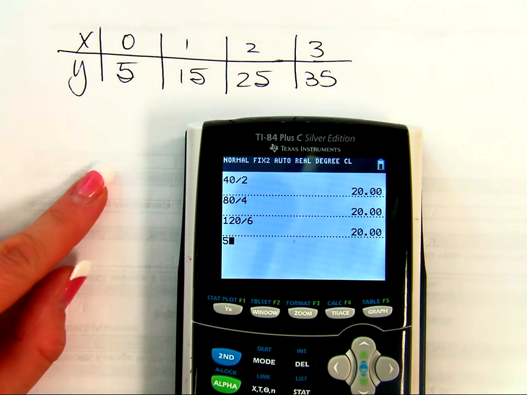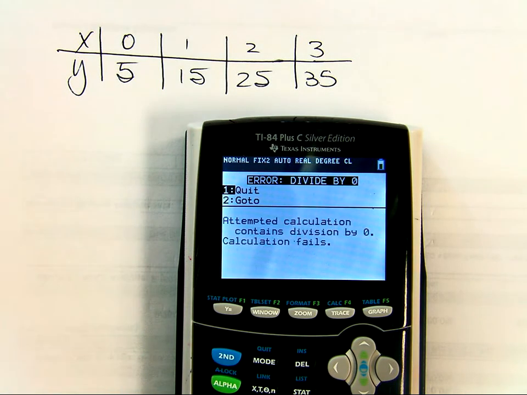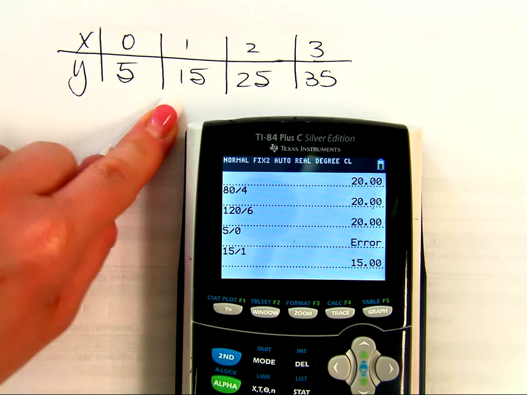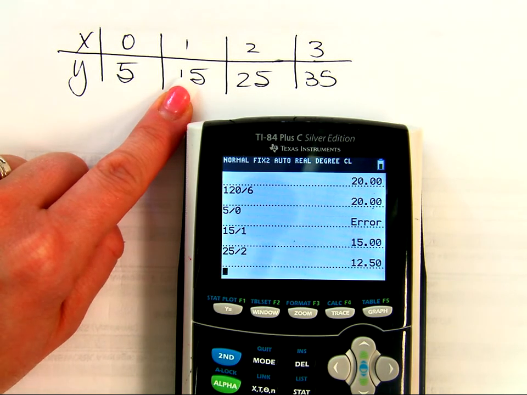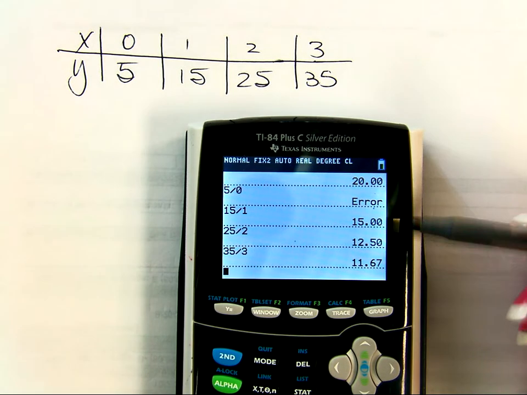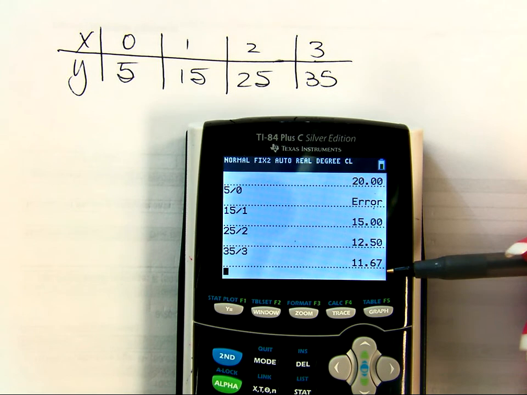Division by 0 is not possible, so your calculator is going to give you an error message. So 15 divided by 1, yes, they would do that in their calculator. 25 divided by 2, and then they'd go, oh, it's supposed to all be the same. And then they would do 35 divided by 3, and they're not really understanding why this is not the same. Why isn't that all the same?